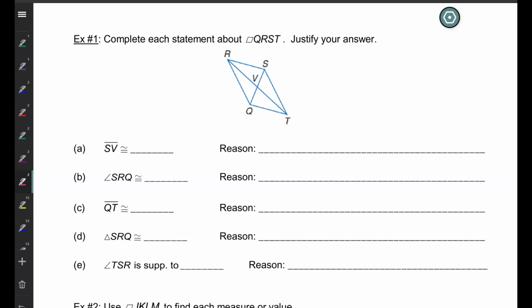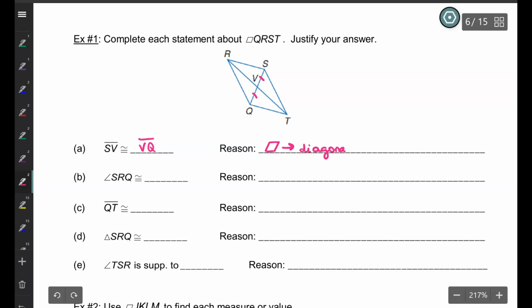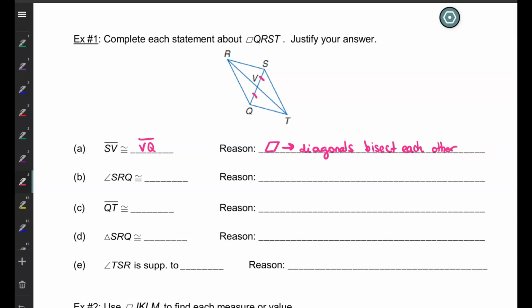Okay, SV congruent to, so SV is part of the diagonal, so SV has to be congruent to VQ. My reason is parallelogram implies diagonals bisect each other. Angle SRQ is this angle.